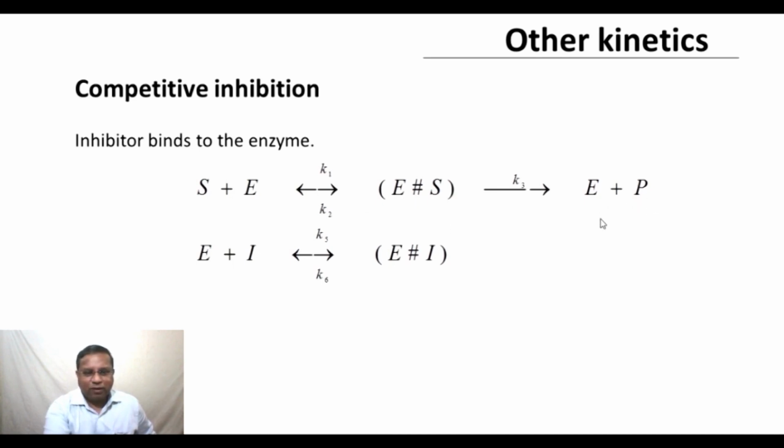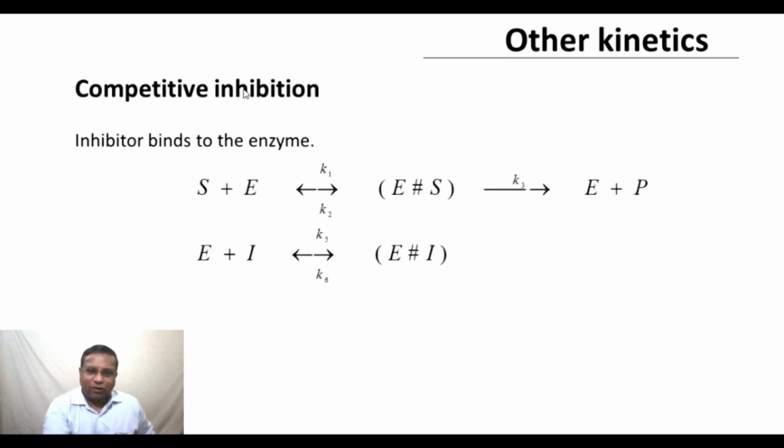This was the simple Michaelis-Menten enzyme kinetics, and here in addition we have an inhibitor molecule that interacts with the enzyme at the same time and reversibly gives an enzyme inhibitor complex. This kind of a reaction scheme is called competitive inhibition.